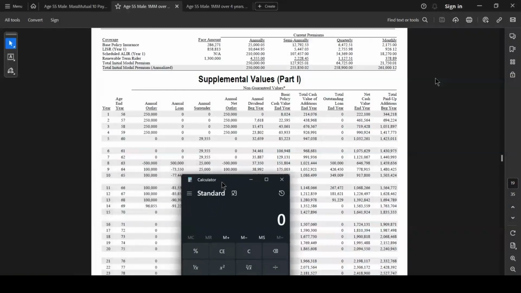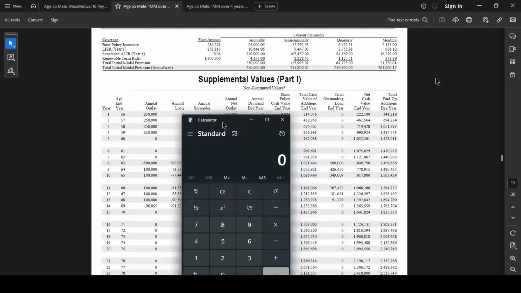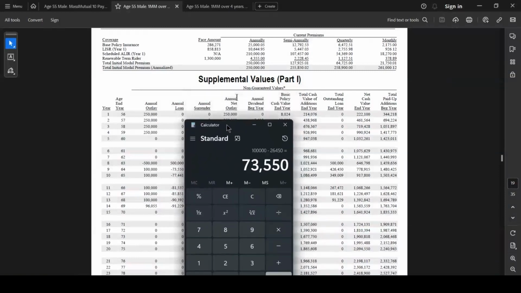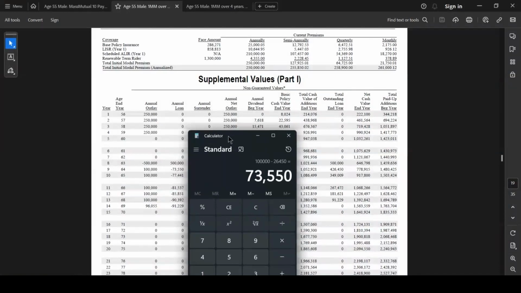So year 9, 100K toward the loan. You know that $26,450 went toward the loan interest. So let's do this, 100,000 minus 26,450. And that comes out to what? Look at that. And that comes out to what? 73,550.